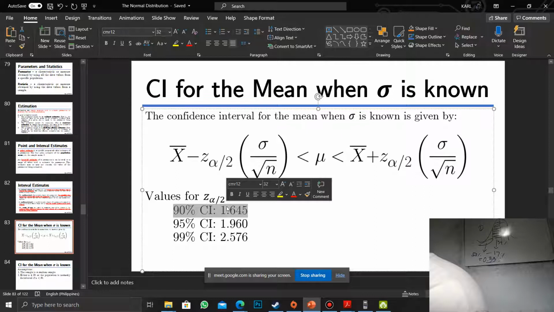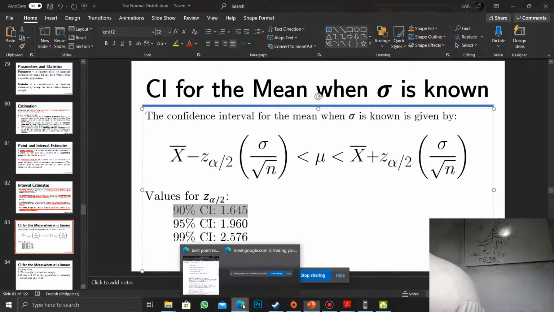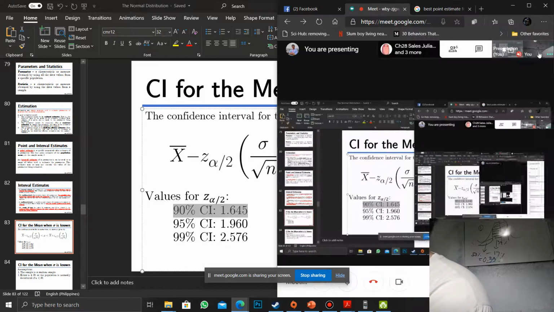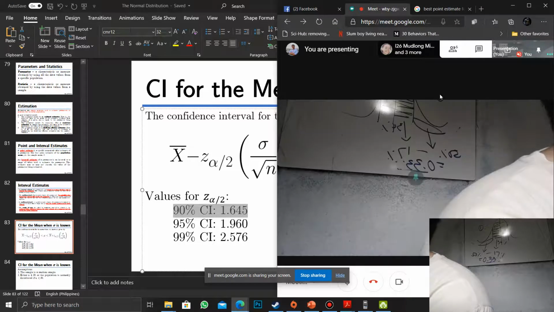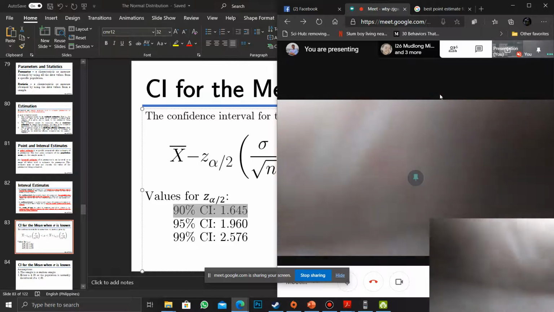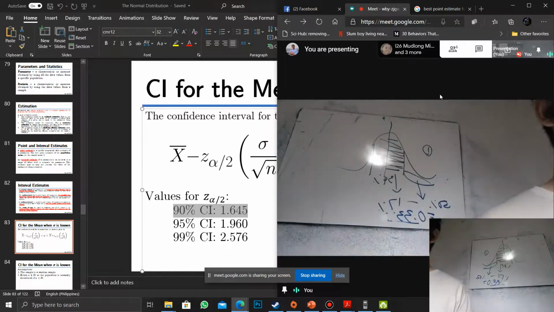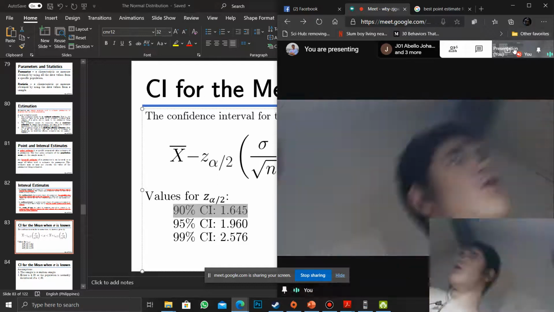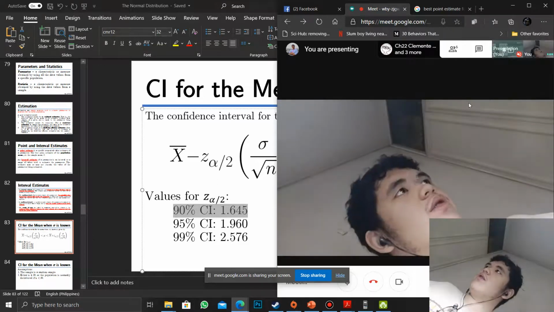Sige, before we continue, ano pa ibig sabihin itong Z alpha over 2? Normal distribution pa rin to, guys. Let's look at the presentation na lang ulit.